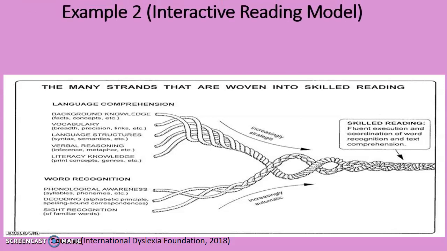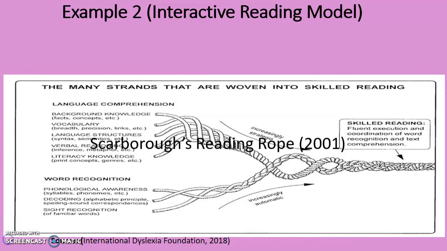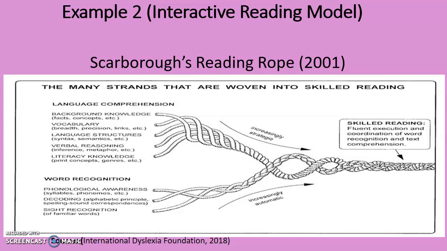We're looking at a model here that involves Scarborough's reading rope. So we're looking at all of the complexity in reading, and Scarborough is a lead researcher of language and development, and she found that reading complexities actually take a lot of time to learn.